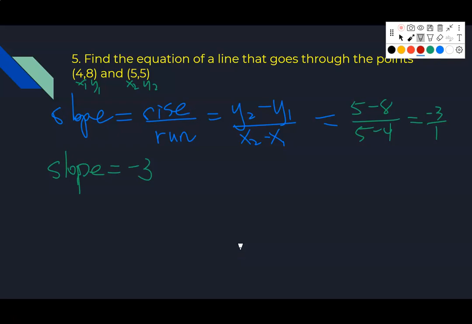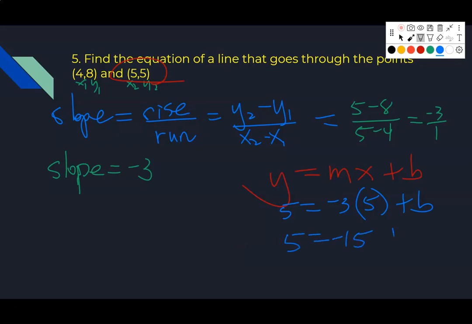Next, to find the equation of the line, we want y equals mx plus b. We already have a slope which is -3. Now you can choose either of the 2 points to substitute for x and y. I think it's easier if we use 5, 5. So let's do that. y, which is 5, is equal to the slope -3 times 5 plus b. -3 times 5 is -15.